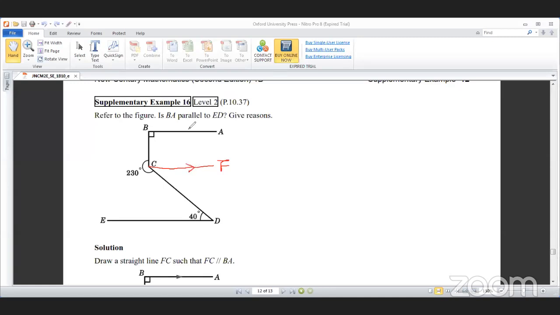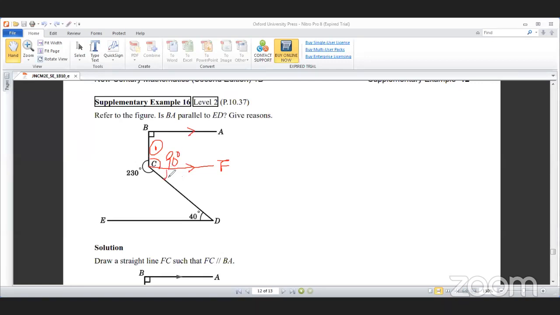We choose it to be parallel to AB. Then, first step, we find this angle, and this is 90 degrees, because these two lines are parallel. They are the interior angles.